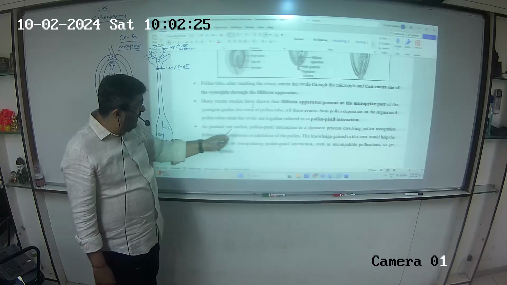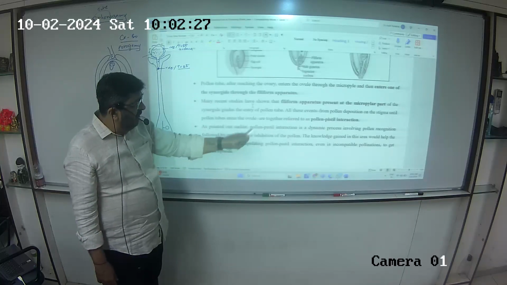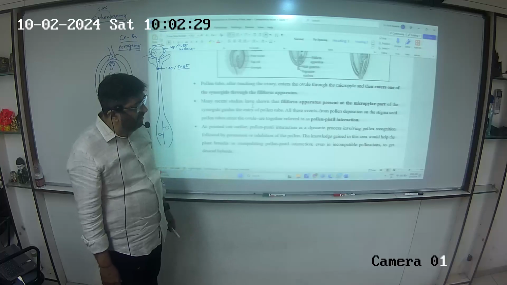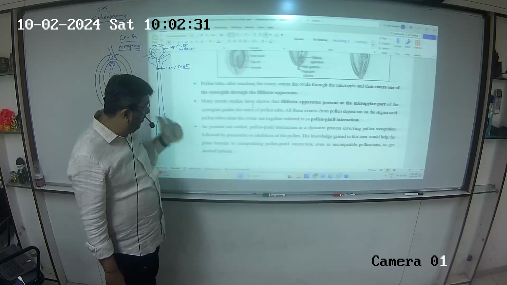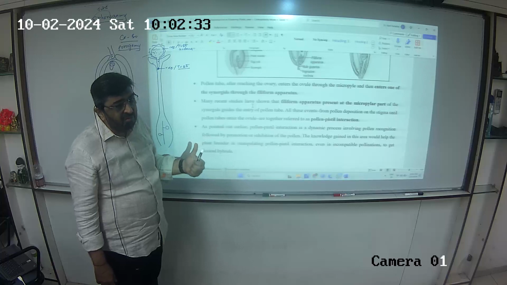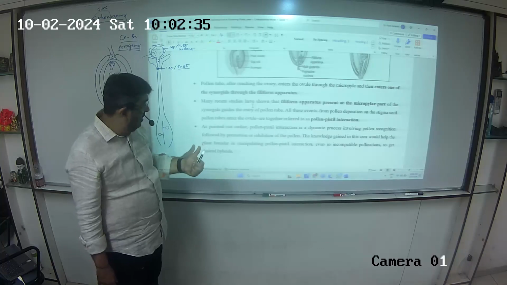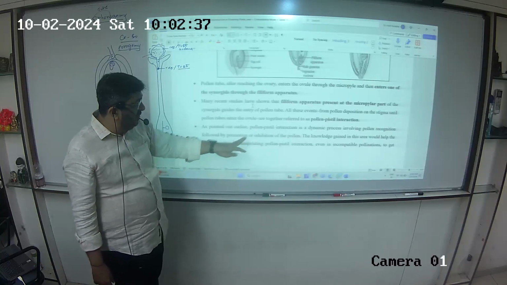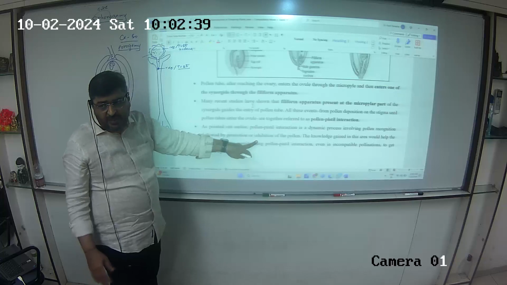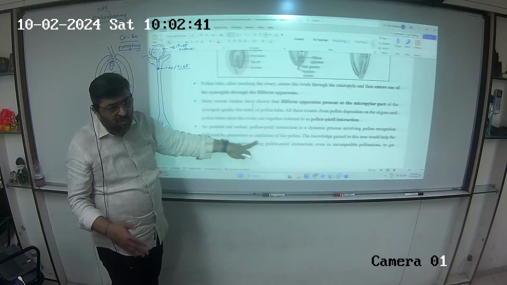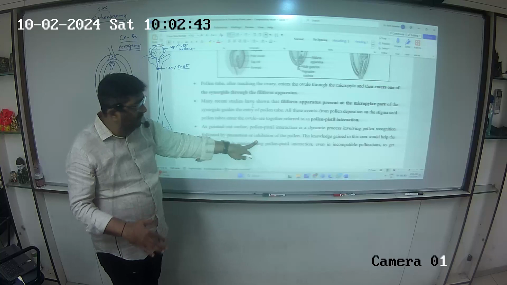Now, as pointed out earlier, pollen-pistil interaction is a dynamic process involving, number one, pollen recognition, first of all. Followed by promotion or inhibition of the pollen. Depending on the recognition: if recognized, promotion; if not, inhibition.